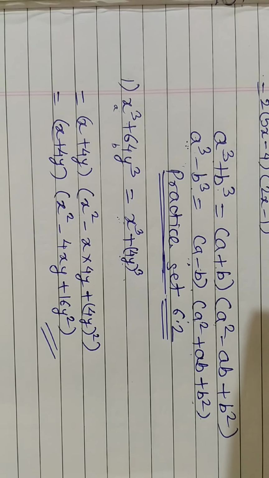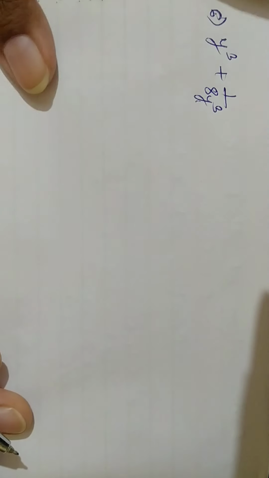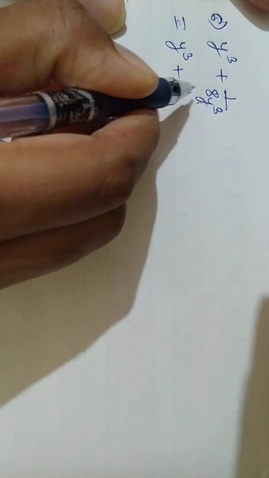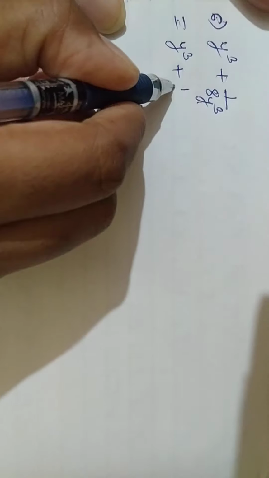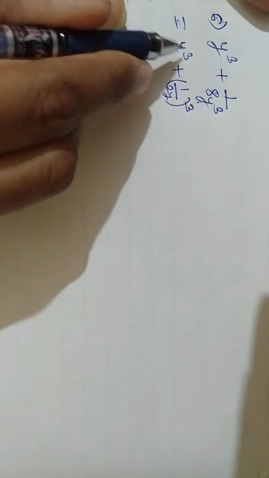Now one more we will see. This is also so simple, just a fraction is there. We'll solve this. See, the first term is y cube, the second term 1 upon 8 is the cube of 2, that means 1 upon 2y cube.